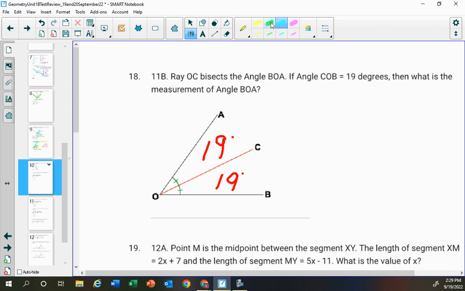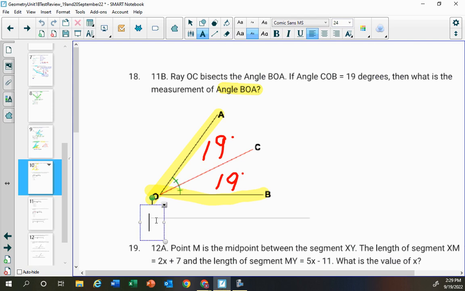Now, angle BOA. Why was it 38, not 19? You need to add them up. Add the angle measures.